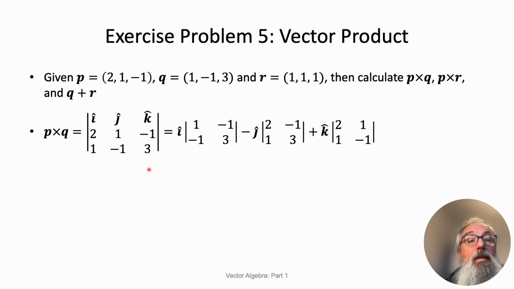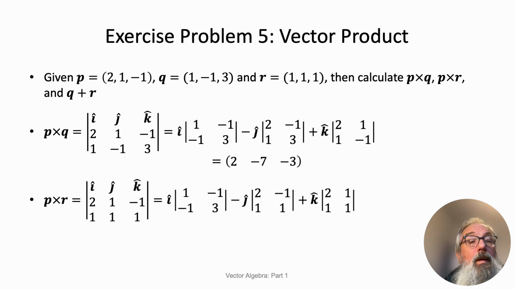We write the determinant in terms of I, J, K, and then the two vectors P and Q. We expand that, we get a vector. For P cross R, we write the determinant, we expand it, we resolve it further, we get a vector.